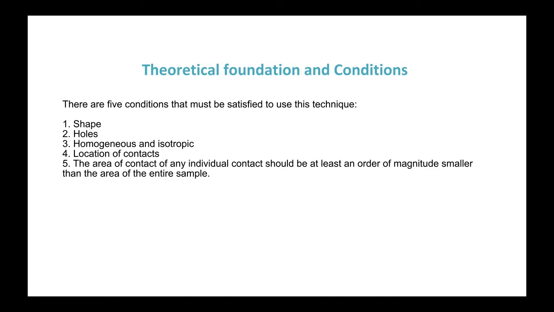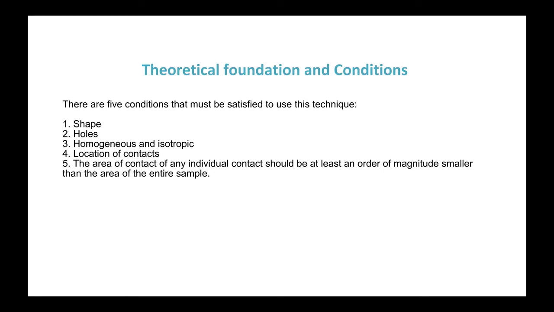Theoretical foundation and conditions. The method was first proposed by Leo G. van der Pauw in 1958. Van der Pauw found a method to determine the resistivity of an arbitrary shaped sample subject to the following conditions. There are 5 conditions that must be satisfied to use this technique. Number 1.